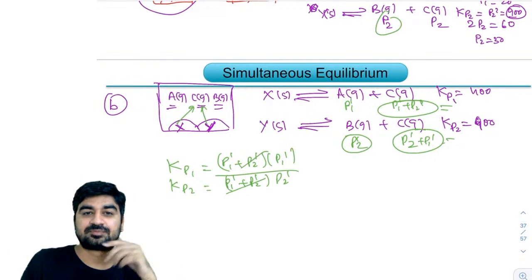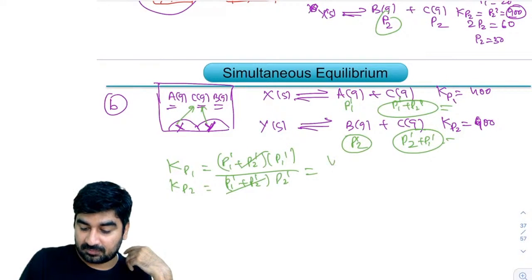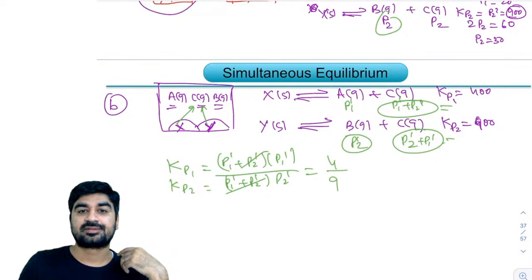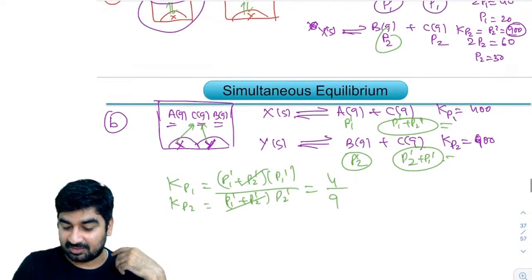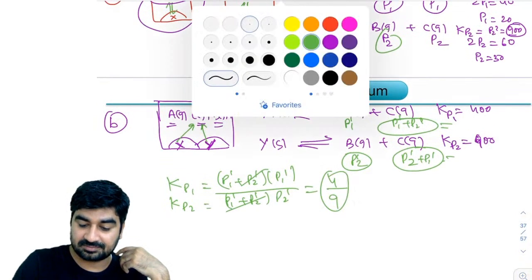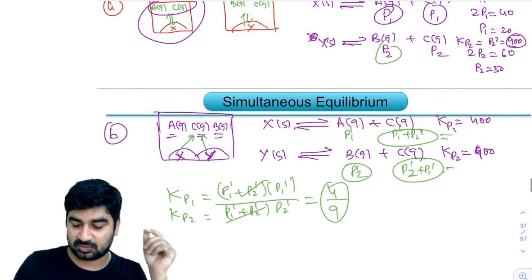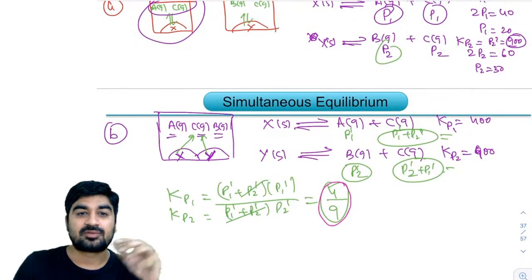Now divide it. So it would be 4 is to 9, right? And if it is 4 is to 9, what will happen, guys?